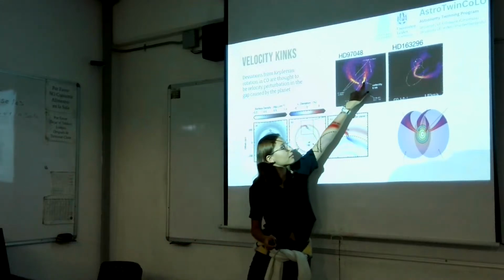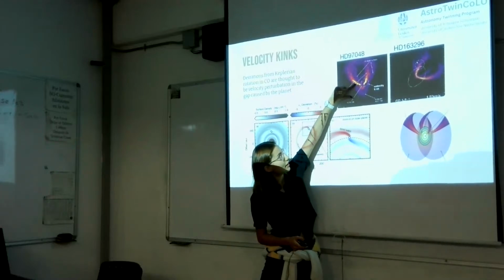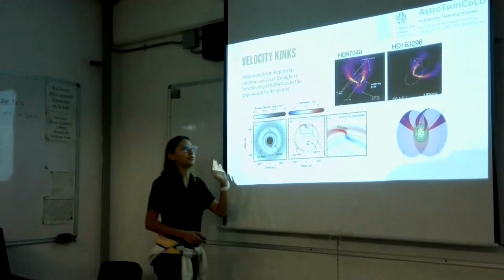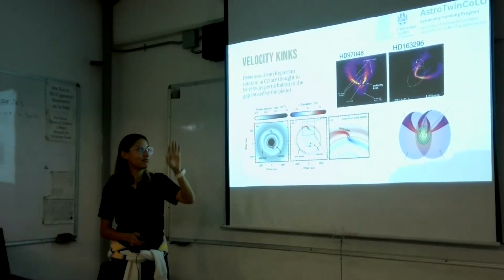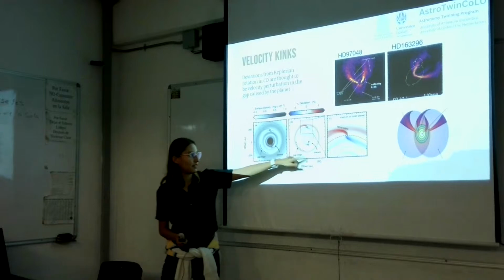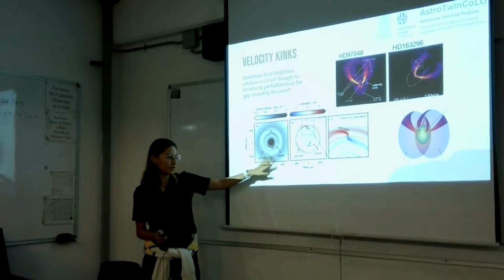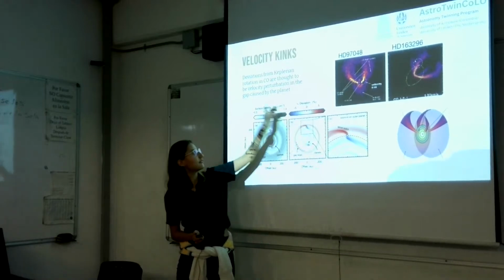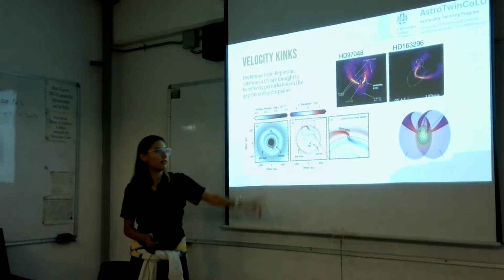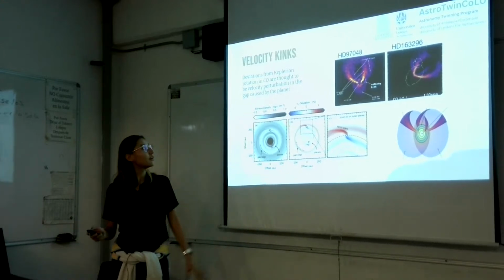This is the velocity kink, this one right here. This is supposed to be continuous like this one, but here there is some sort of disrupted line, and it can be seen in the velocity spectrum, and these velocity kinks are seen as the blue shifts and the red shifts, and that one over there is a scheme of all of this.